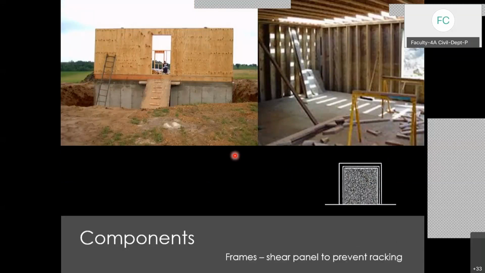So in such cases, you need to put such kind of shear panels. That is a different part, but that can be prevented. Shear panel in the direction perpendicular to whatever the wind is acting.